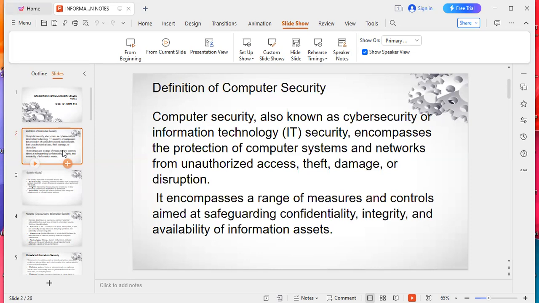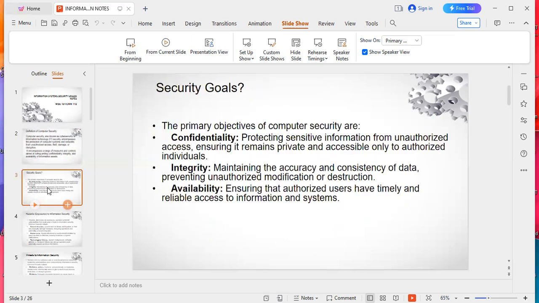It also includes a range of measures and controls which are aimed at safeguarding the confidentiality, integrity, and availability of the assets.